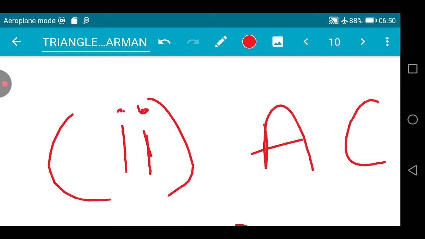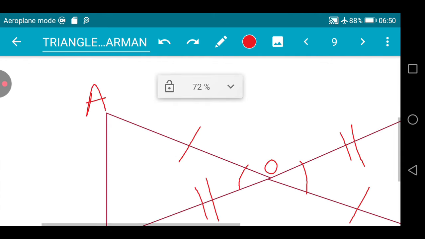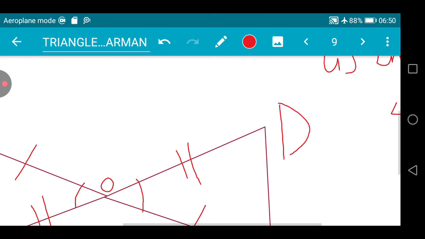How can we prove that AC is parallel to BD? Let's see how we can prove these two. AC is parallel to BD.